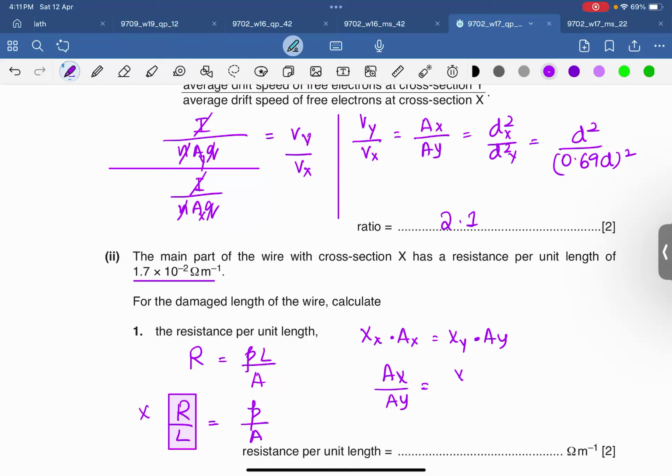And this will give me X of Y over X of X. So from this we will find out the answer.